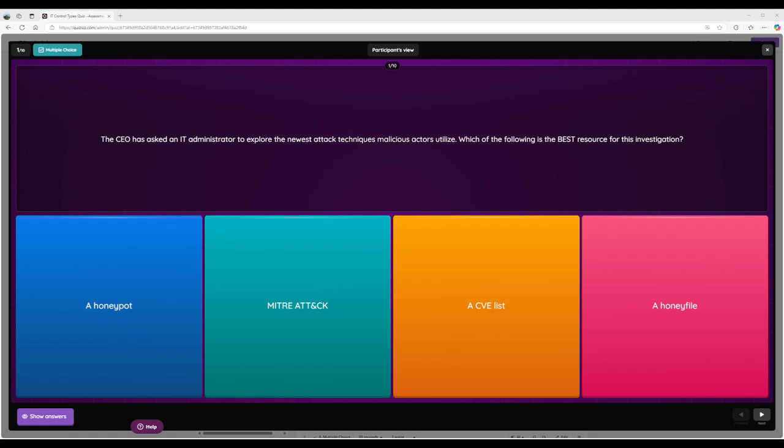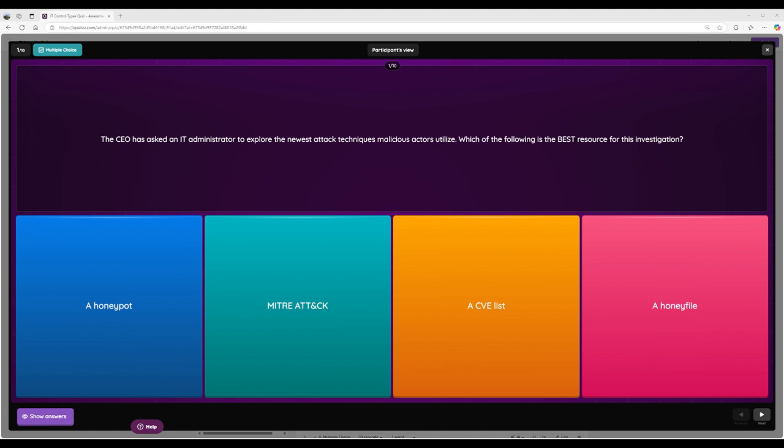In this case, the answer is a honeypot, because a honeypot is a decoy system or network with lower security that entices the attacker. So a honeypot is what a company will actually put there as a decoy, trying to have an outside attacker come in and try to exploit it.